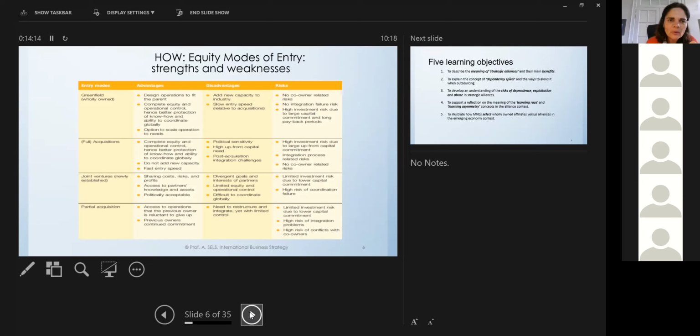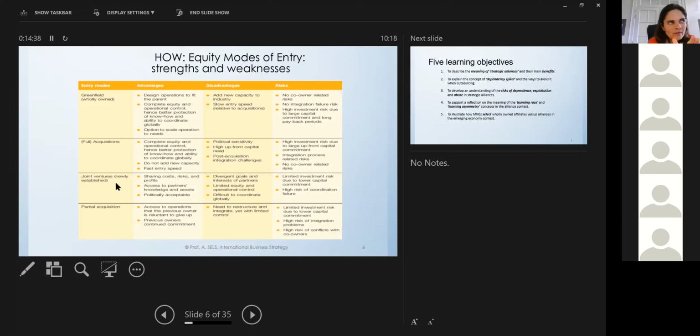I added this because this is a nice overview about strengths and weaknesses of those types of entry modes. I'm going to comment on it next week, because now we are just tackling joint ventures, and I think you will understand more if we also combine this with the full acquisitions. But of course, I can already point out some of it.